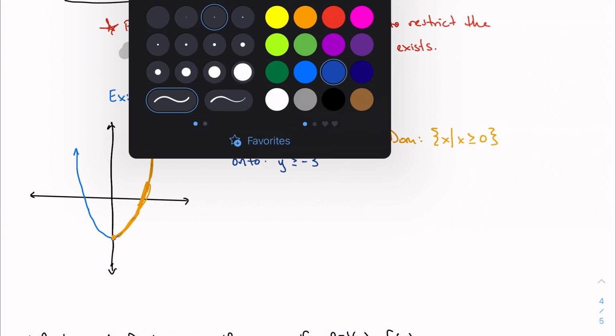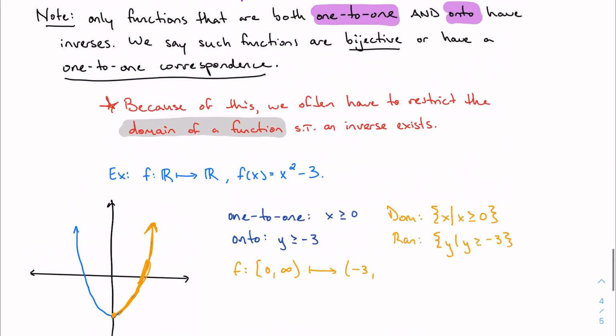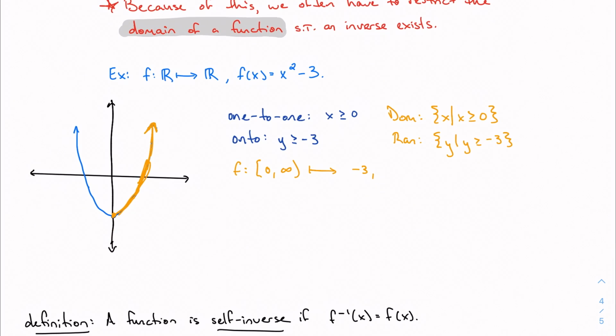So we're also going to restrict our range to be y such that y is greater than or equal to -3. And so our function is actually redefined now as mapping the numbers from 0 to infinity to the numbers from -3 inclusive to infinity. And we are still obeying this rule x squared minus 3, so that can stay.